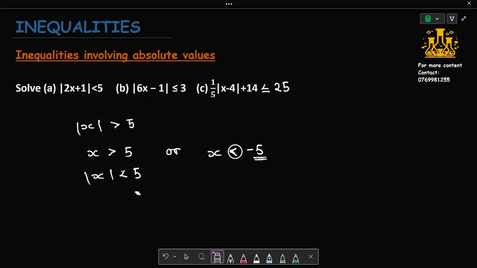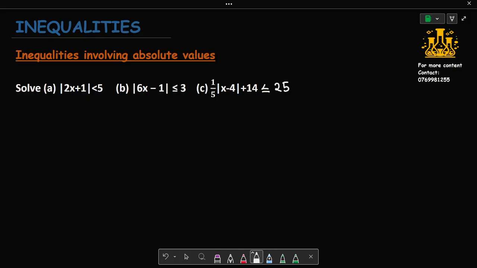absolute values. Okay, so let's try to solve these three examples that are prepared and see if we can properly understand this concept. So looking at the first example, we have 2x plus 1 inside the absolute value is less than 5.